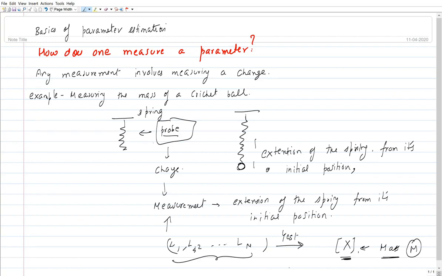So how does one use quantum mechanics? How does one use quantum states for parameter estimation?